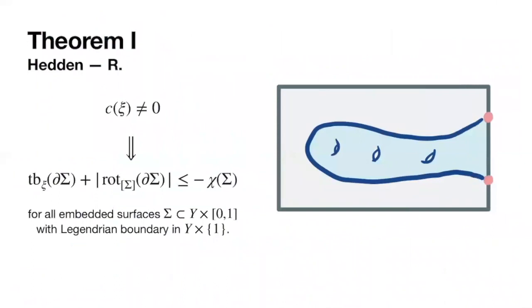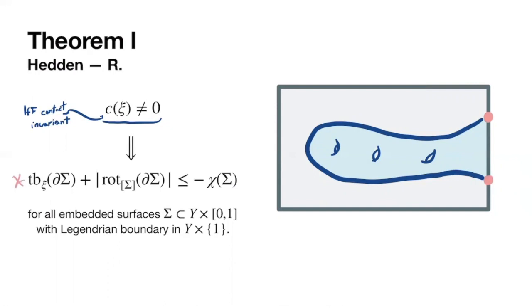So here's a theorem. It says that if the Heegaard Floer contact invariant is non-trivial, then we have a Thurston-Bennequin inequality.